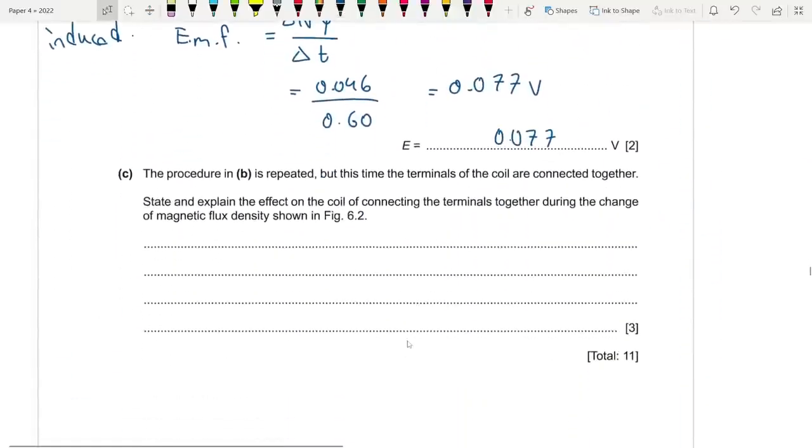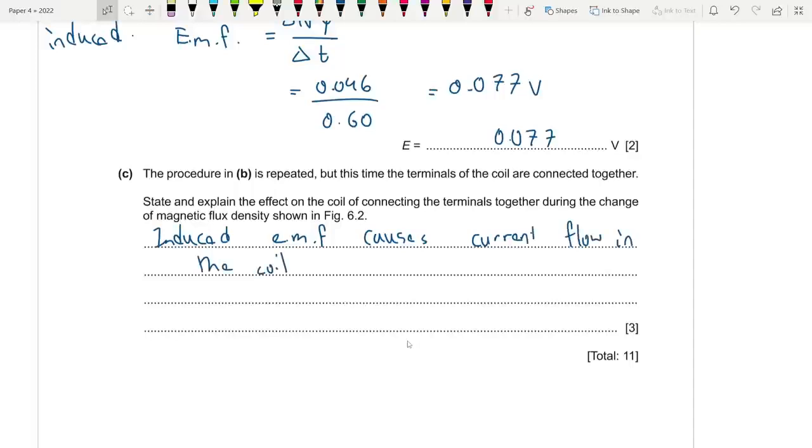So the first mark is the induced EMF causes current flow in the coil. So we get 1 mark for this. This is our first mark. Now we get access to the other options.